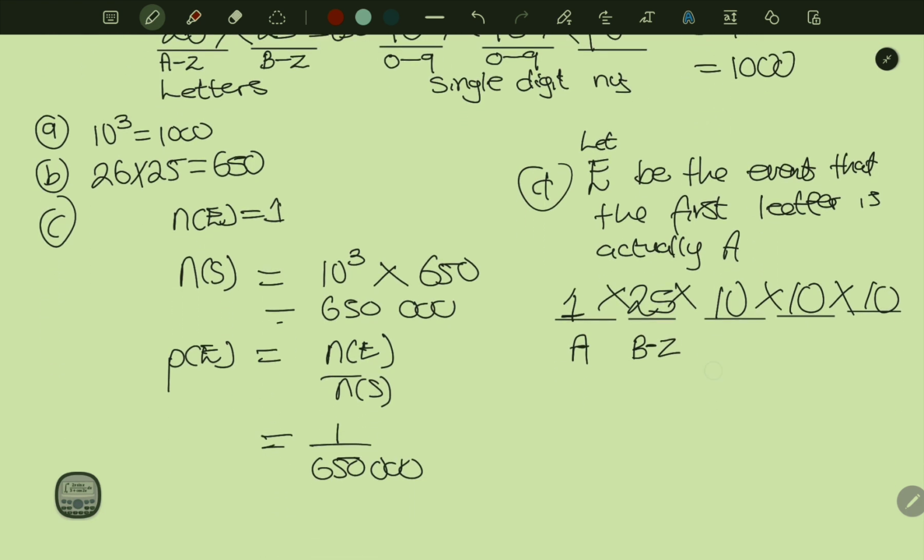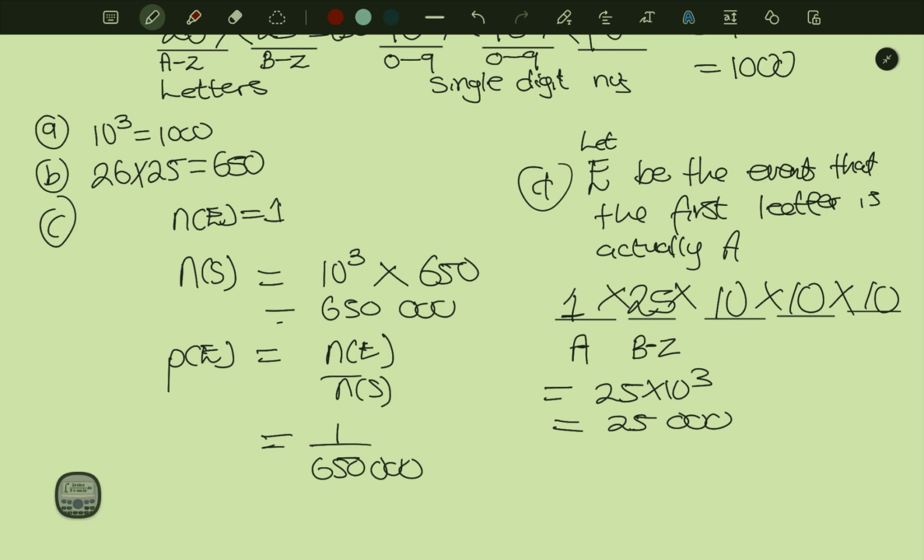The total number of combinations such that the first letter is A will be equal to 25 times 10 to the power 3, which is 25 times 1,000, which is simply 25,000. So there are 25,000 combinations of passwords that start with the letter A.